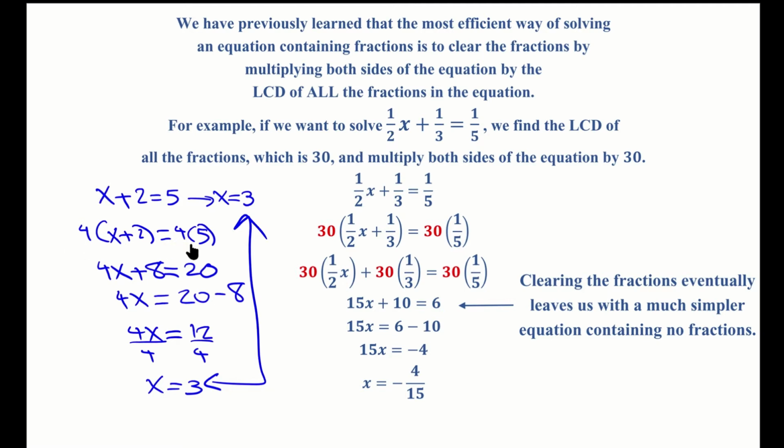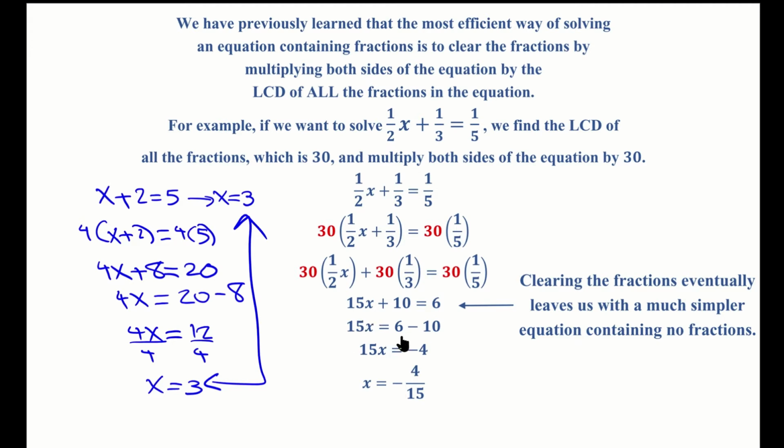Multiplying both sides of an equation by a constant does not affect the solutions of the equation. So here, multiplying both sides of this equation by 30 is not going to have any effect on the solution of this original equation. So if this equation and this equation have the same solutions, wouldn't it be a lot nicer to solve this simple version? That's exactly what we do.